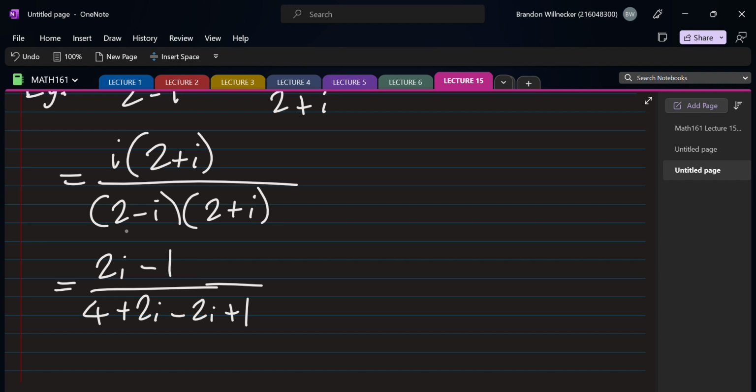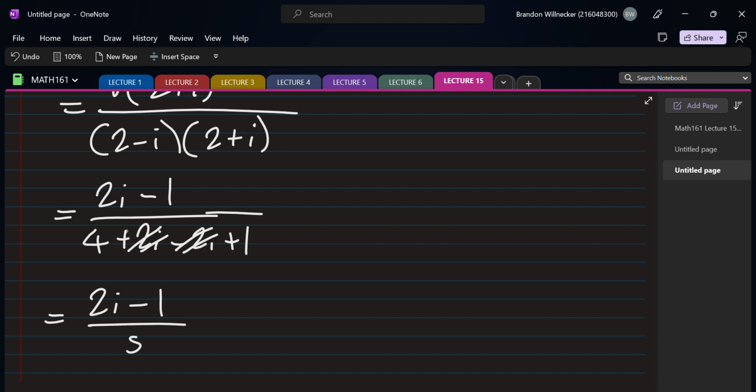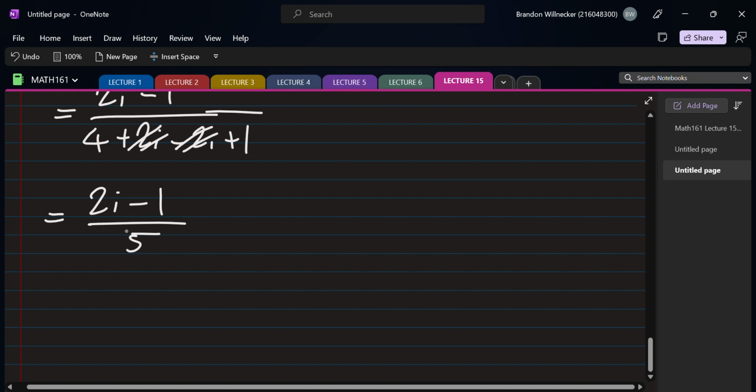Again, since we're multiplying by the conjugate, we see that these imaginary parts cancel, so that and that go away. So in the top, we're left with 2i minus 1. In the bottom, we're left with 4 plus 1, which is 5.